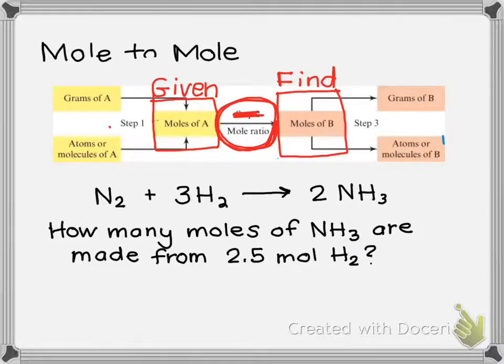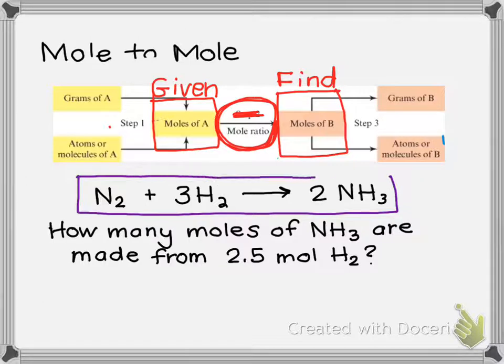So here's a balanced chemical equation, and you always have to start with a balanced chemical equation. And then you read the problem carefully. It says, how many moles of ammonia? So I quickly identify that what I'm trying to find is the amount of ammonia.